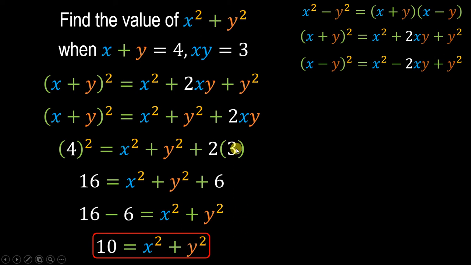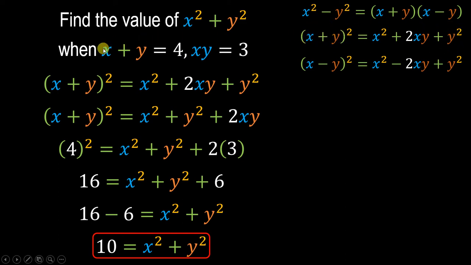So you see, according to the identities, we can easily find the answers to questions like this. As you can see, when you have x squared plus y squared and x plus y and xy, you always apply the x plus y whole squared identity.